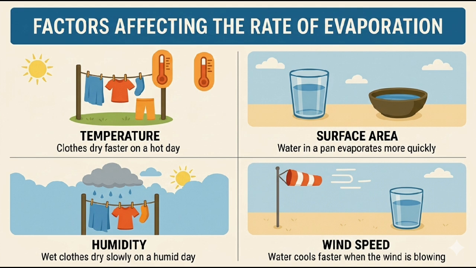We learn that in high humidity the clothes will dry slowly. In the fourth example, someone puts milk in a glass near a windy area. The milk will evaporate or cool faster in that time.